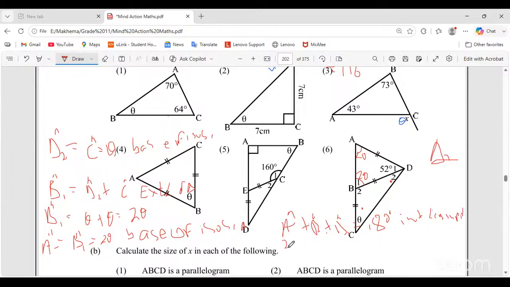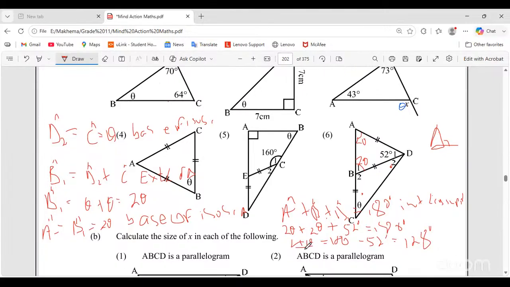What is A? 2 theta. What is B1? 2 theta. What is D1? It is 52 degrees. Is equal to 180 degrees. Now I will have 4 theta is equal to 180 degrees minus 52 degrees. 180 degrees minus 52 gives me 128 degrees.